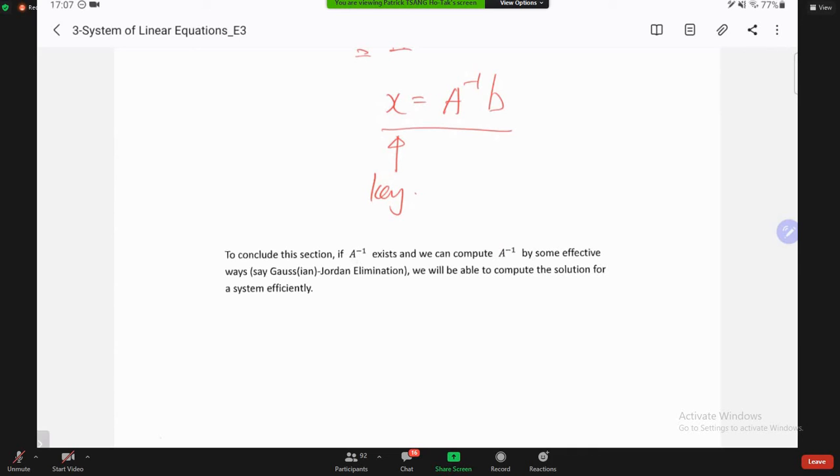If A inverse exists, and we can compute A inverse by effective methods, say Gaussian-Jordan elimination, we will be able to compute the solution of a system very efficiently. So this is the idea why we keep on using those ideas. So far so good? Is it clear?